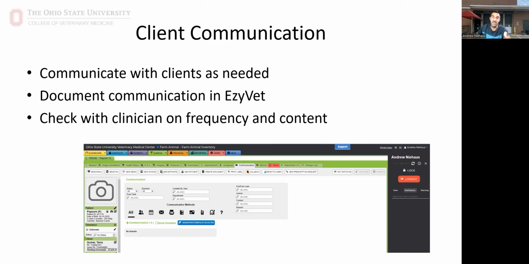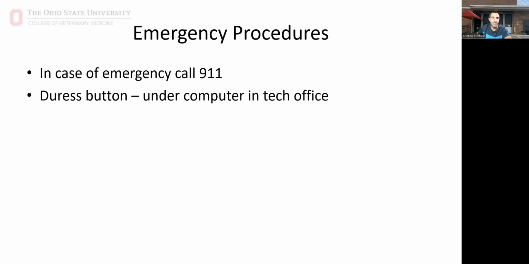And so if there would be an issue with client communication, if the client complained about something that they weren't informed of, I have no record to go back and say, hey, you were actually told this, and this is what we said, and these were the potential complications, etc. So please make sure that we do a better job. I also need to do a better job at recording this when it happens. But again, we all have access to this client communication tab, and we really should be documenting things.